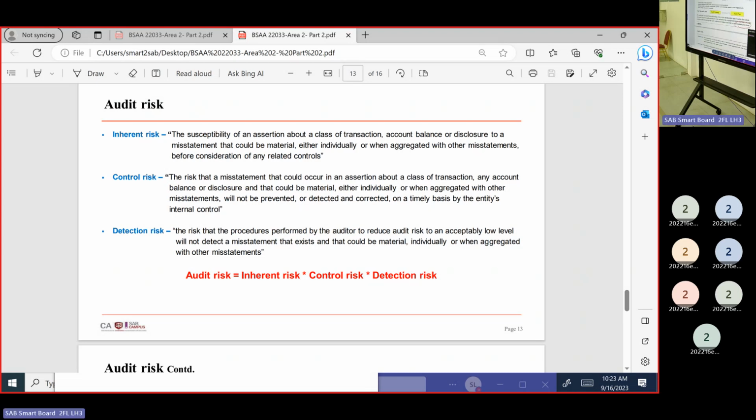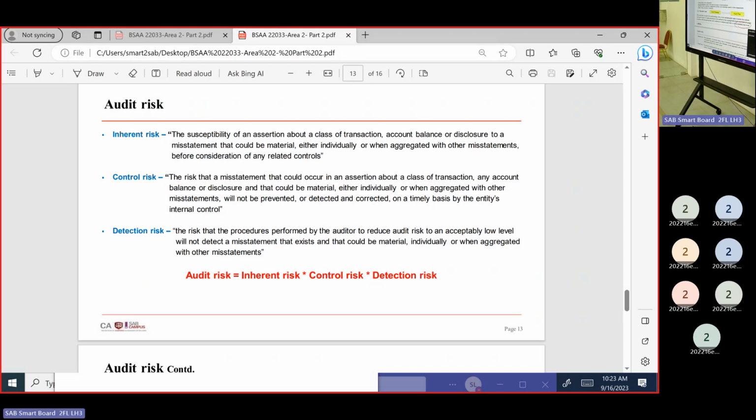In a company, there may be misstatement. Misstatement may happen because of inherent risk plus control risk.